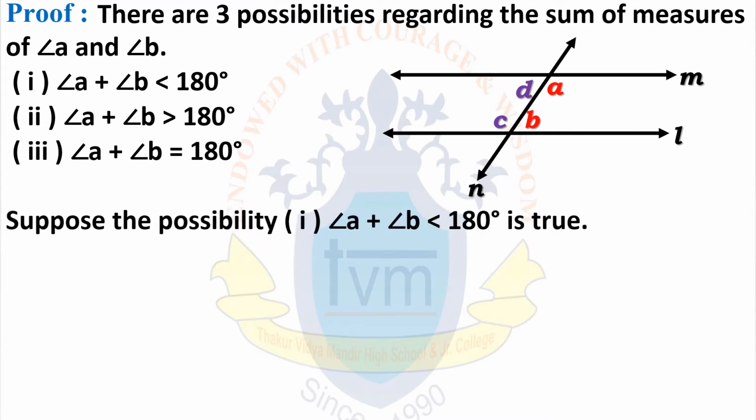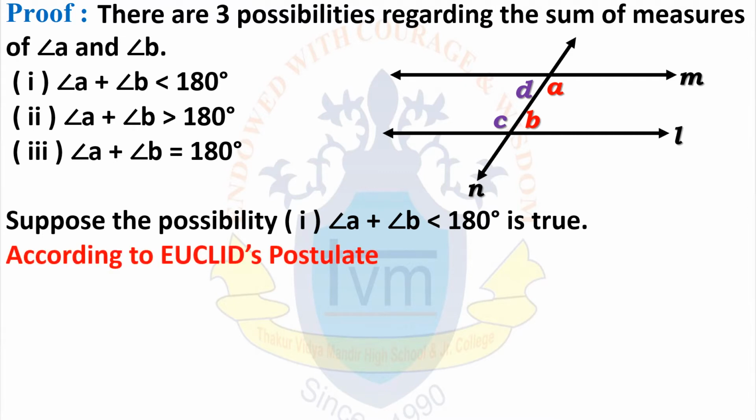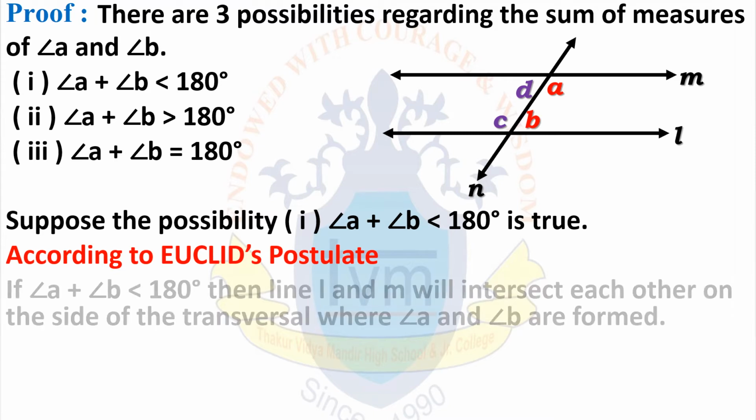Now we will consider that the first possibility is true. We are going to consider that angle A plus angle B is less than 180 degrees. According to Euclid's postulate, Euclid was one of the great mathematicians who gave this postulate, he said that if the sum of interior angles is less than 180 degrees, then the lines will intersect each other.